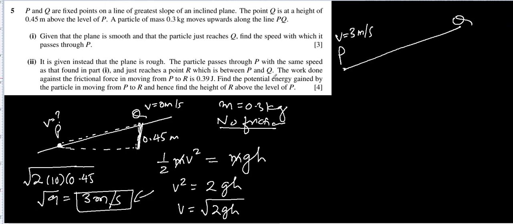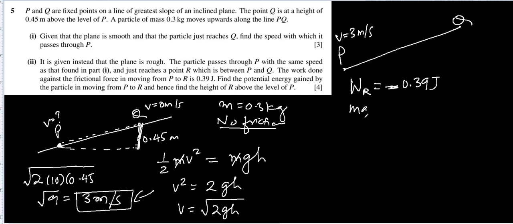The work done against the frictional force, the work done against resistance, is minus 0.39 joules. Why minus? Because friction is always against the motion, so that's why I'm writing it as negative work. Work is not a vector, but because we have to subtract, to remind myself, I'm writing it minus.